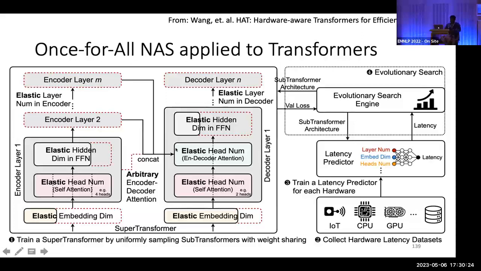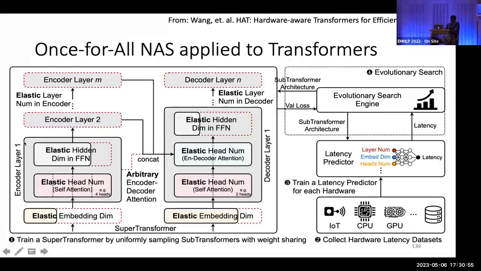So recall that in the gradient version of NAS with a super network, you're training one big model and then you sample subnetworks, right? So basically what they have here is a humongous transformer model. And then when they sample subnetworks, they basically sample subsets of their hidden dimensions.